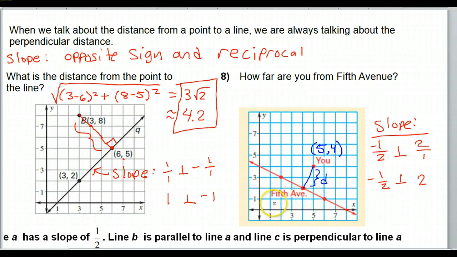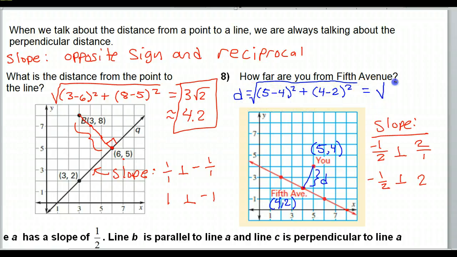The point where you meet Fifth Avenue is the point (4, 2). So we could just do the distance formula between those 2 points. That would look like this, and I'm getting the square root of 5, which is approximately equal to 2.2. Okay, so that is the distance from you to Fifth Avenue.